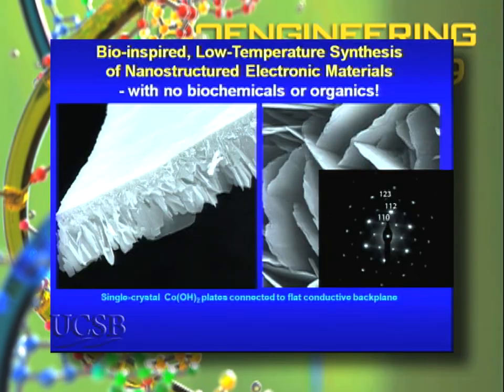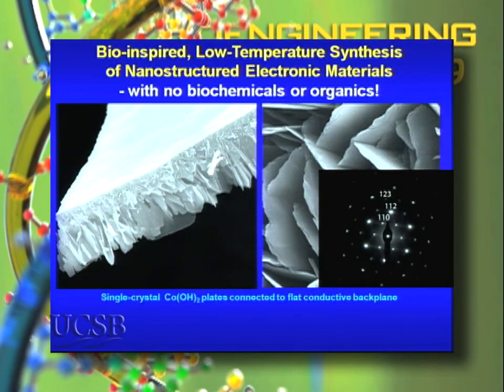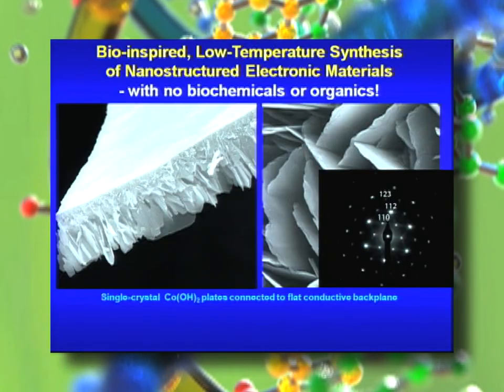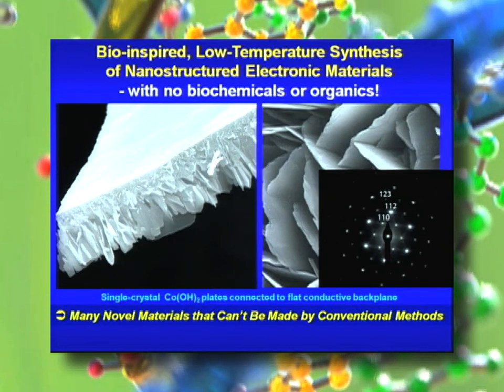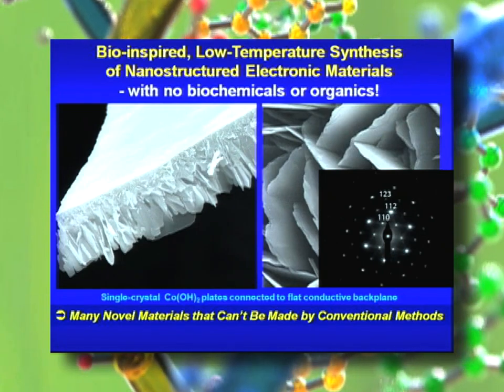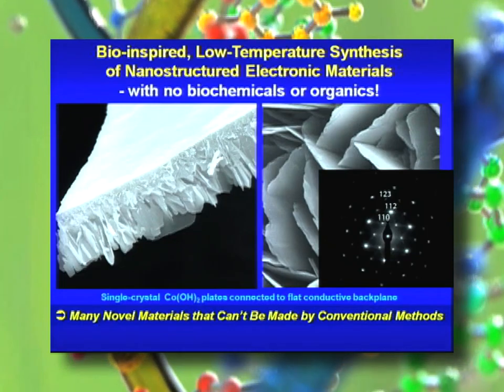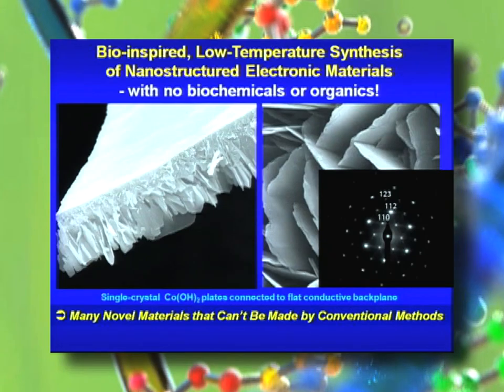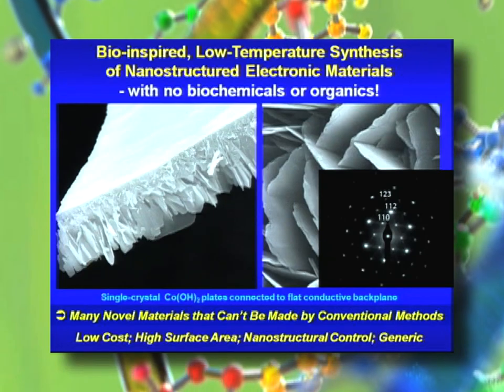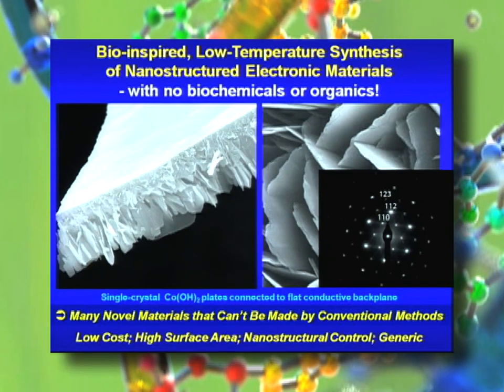These materials seem to offer a number of advantages, especially for energy applications, because of the very high surface area and their very high crystallinity, as shown by the electron diffraction. We found that we can make many novel materials and nanostructured materials this way in morphologies that cannot be made at high temperature. And as a result, we've discovered in some cases very useful electronic or optoelectronic properties.